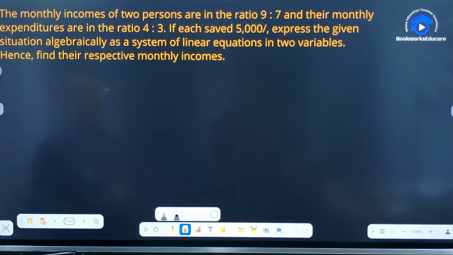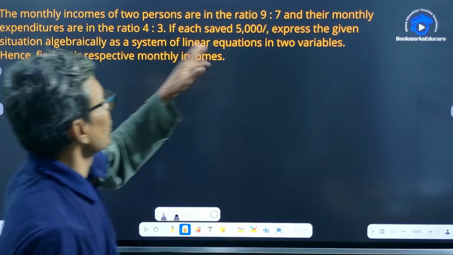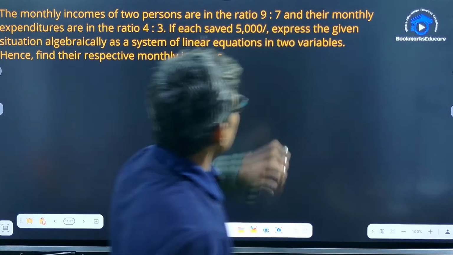The monthly incomes of two persons are in the ratio 9:7.